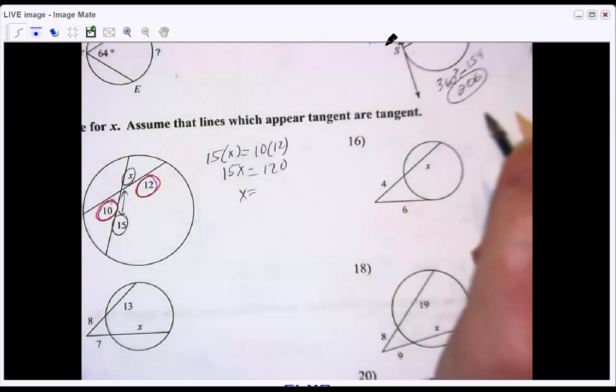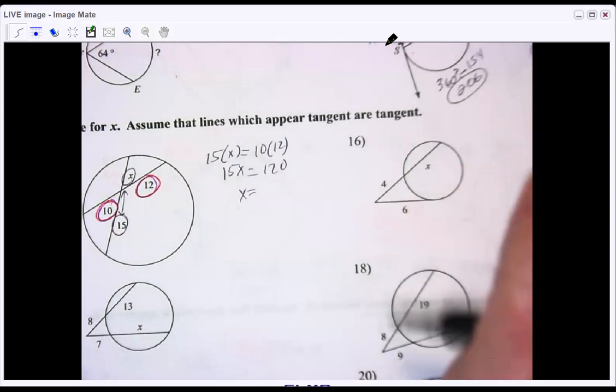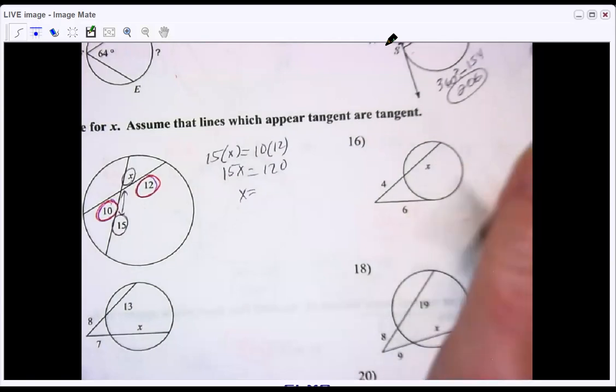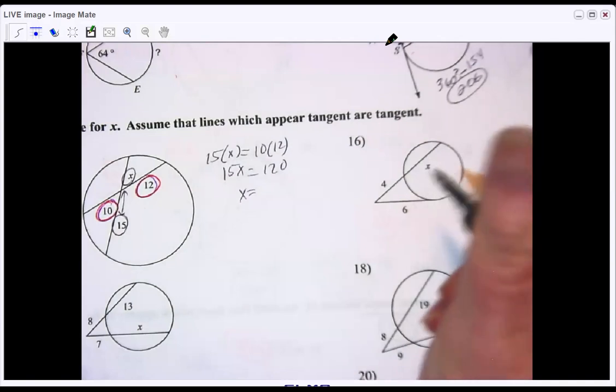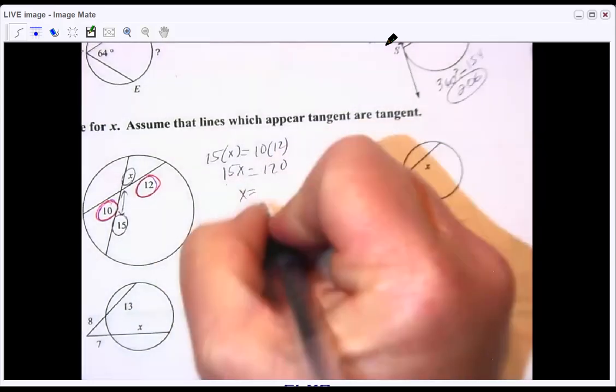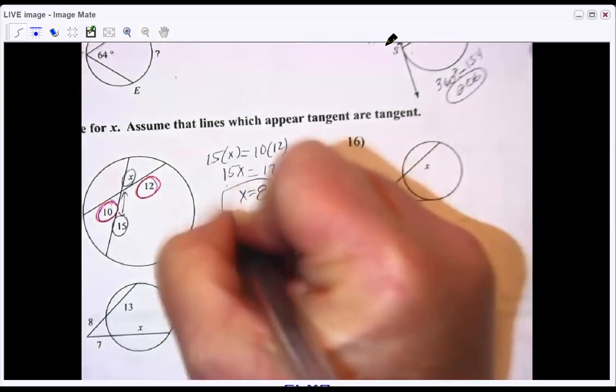Yep, good. Nice. Okay. If you don't have time to draw this circle, showing work from the equation is fine. So dividing both sides by 15, we get x equals 8, and you're done.